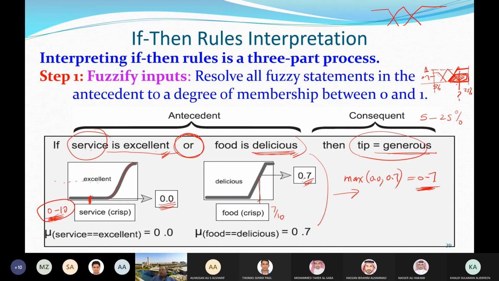In this case, we will see the defuzzification, how to convert this area to a specific number, which is the output. This is the defuzzification step that we will discuss in a few minutes. But this is how to calculate the antecedent part, and you have here the operator OR, so it becomes 0.7.